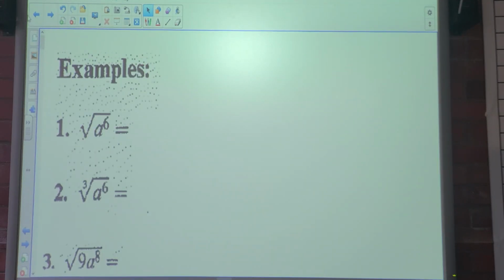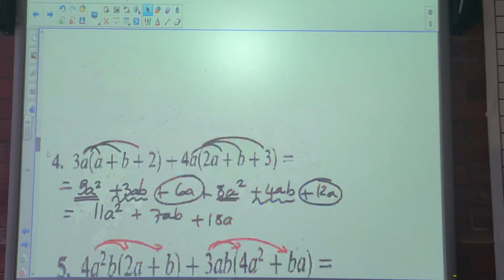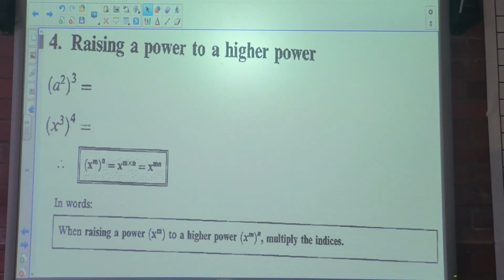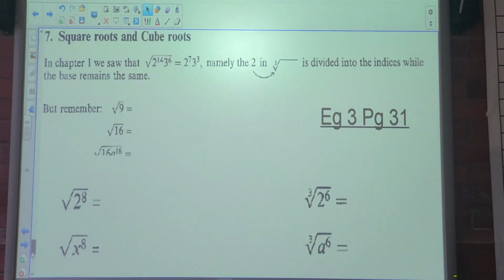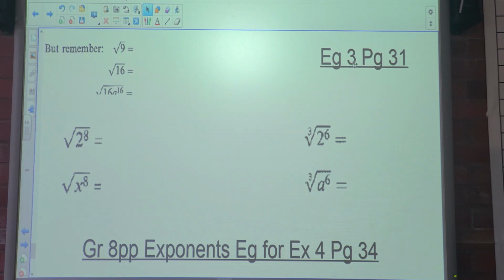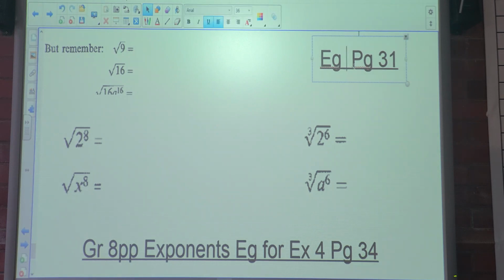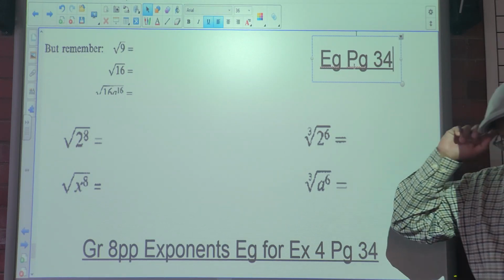Oops. Sorry about this. These examples are on page 34 as well. Okay.